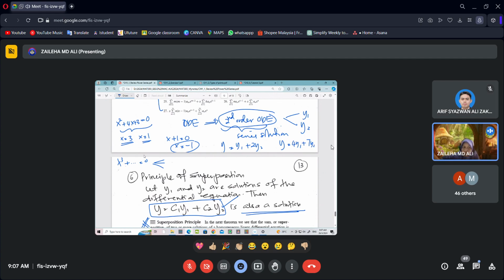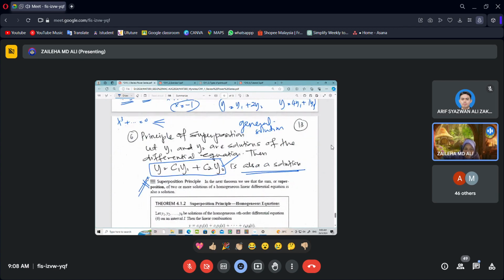This is also a solution for the ODE we are solving. Do you understand? So to get the inclusive answer, which we call the general solution, you should put everything. That's why the general solution should always be y equals c1y1 plus c2y2.